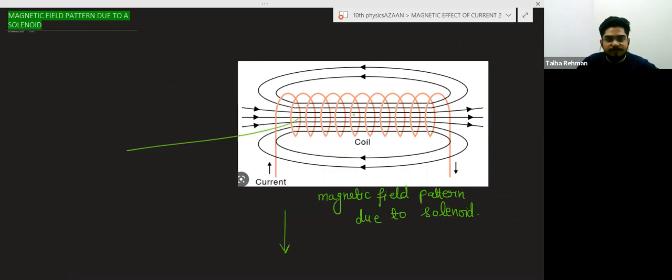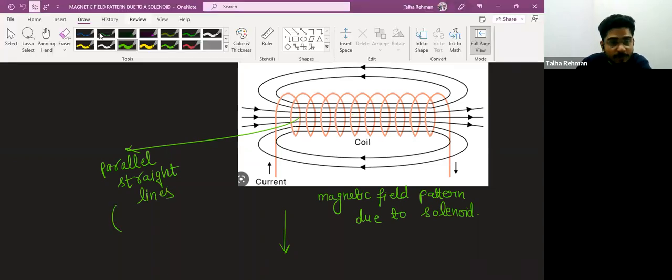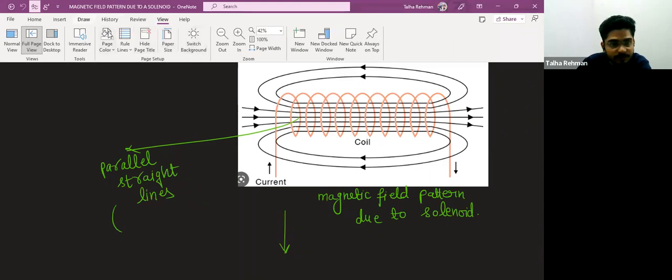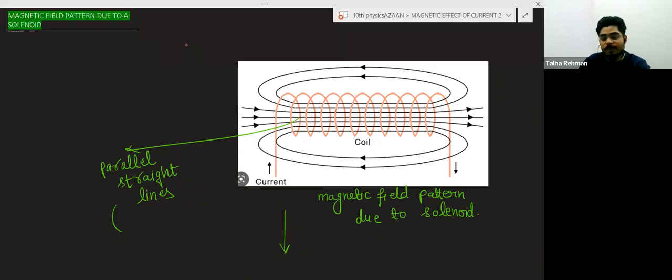So these are parallel straight lines. And these parallel straight lines represent the uniform magnetic field.